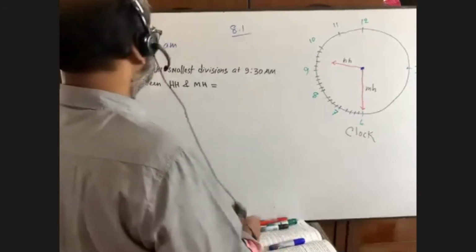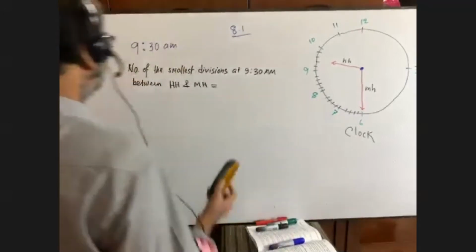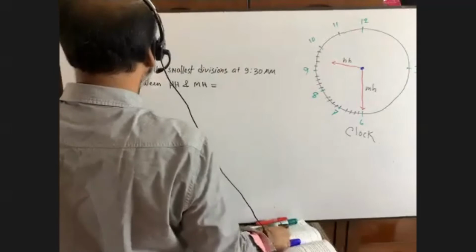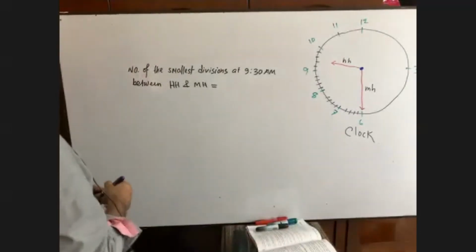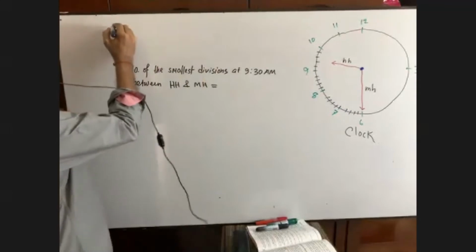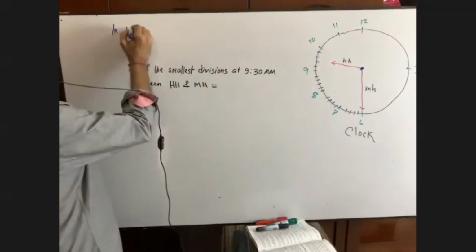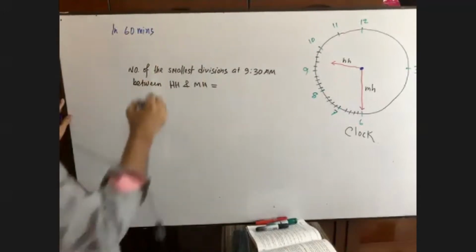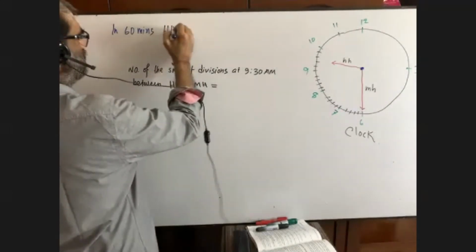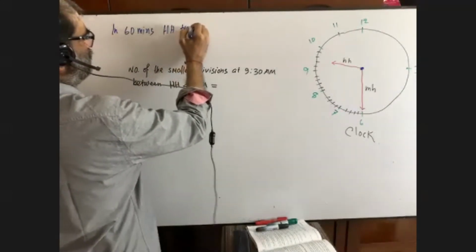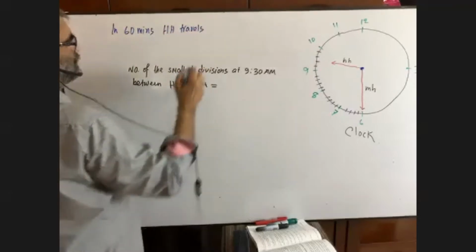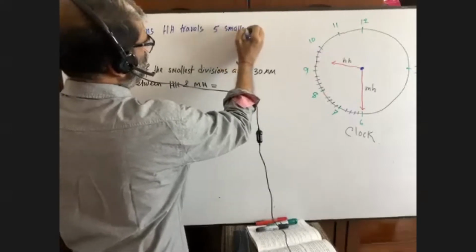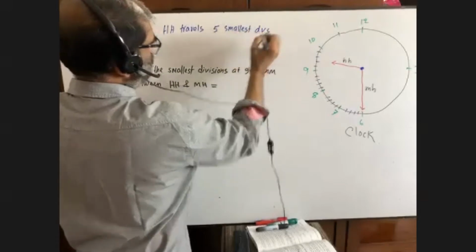So before that, you have to write down: in 60 minutes, our hand travels 5 smallest divisions.